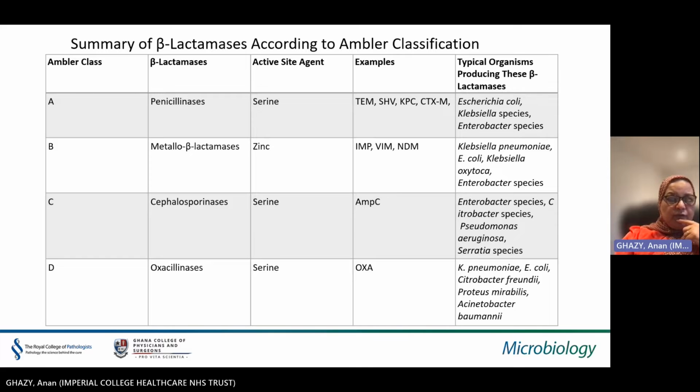Class C is cephalosporinases, mainly AmpC producing organisms, which include Enterobacter, Citrobacter, Pseudomonas aeruginosa, and Serratia. And class D is oxacillinases, the OXA group, which include Klebsiella, E. coli, Citrobacter freundii, Proteus, and Acinetobacter pittii.